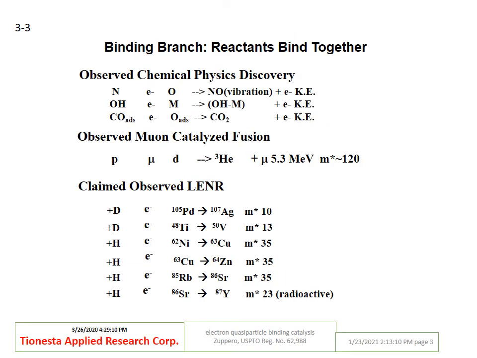The binding branch matches theory exactly for chemicals and muon catalyzed fusion. The components bind, the energy goes to electrons. But for transmutations, where does the energy go? We don't know. The transmutation bindings are predicted and observed.